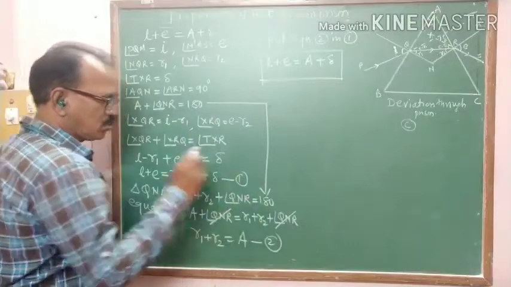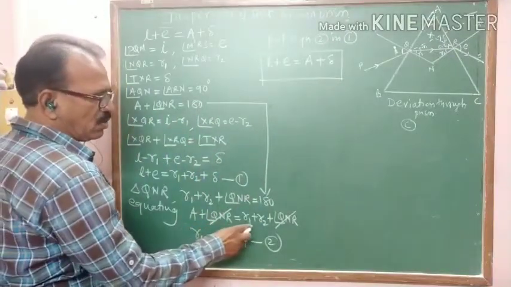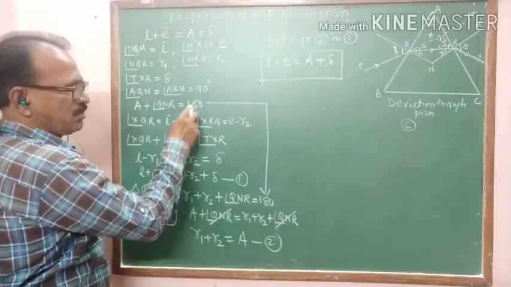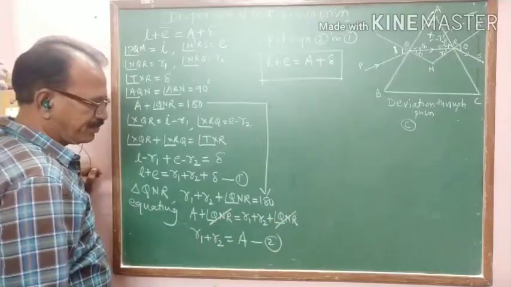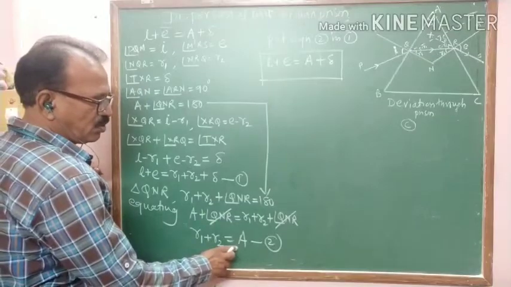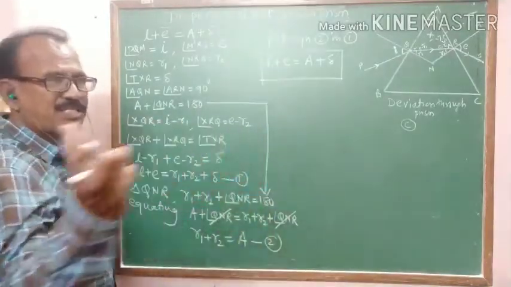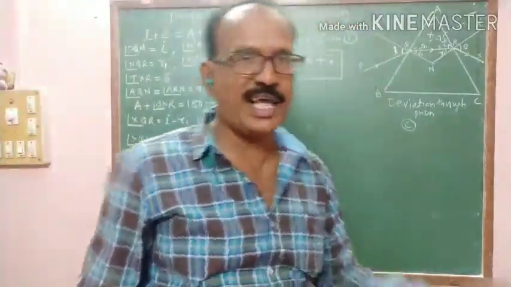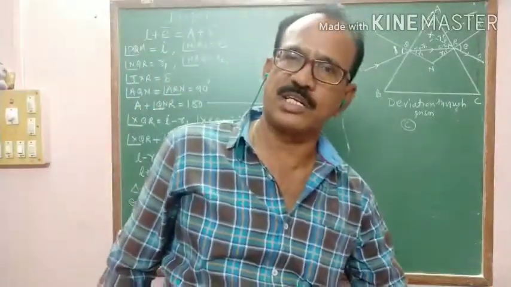You can equate these two, so A plus QNR is equal to r1 plus r2 plus QNR. QNR gets cancelled out, and you get r1 plus r2 is equal to A, the angle of the prism. The angle of the prism A is 60 degrees because this is an equilateral triangle.